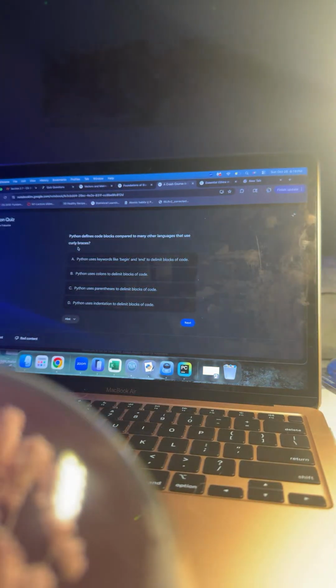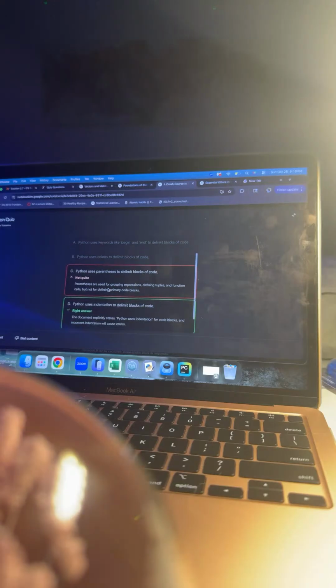Python uses colons to delimit blocks of code. Python uses parentheses to delimit blocks of code. I think parentheses. Indentation. Okay.